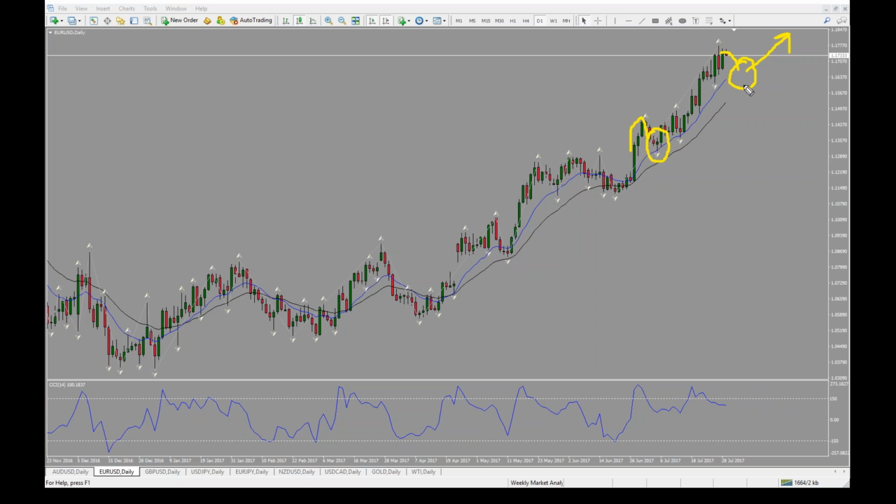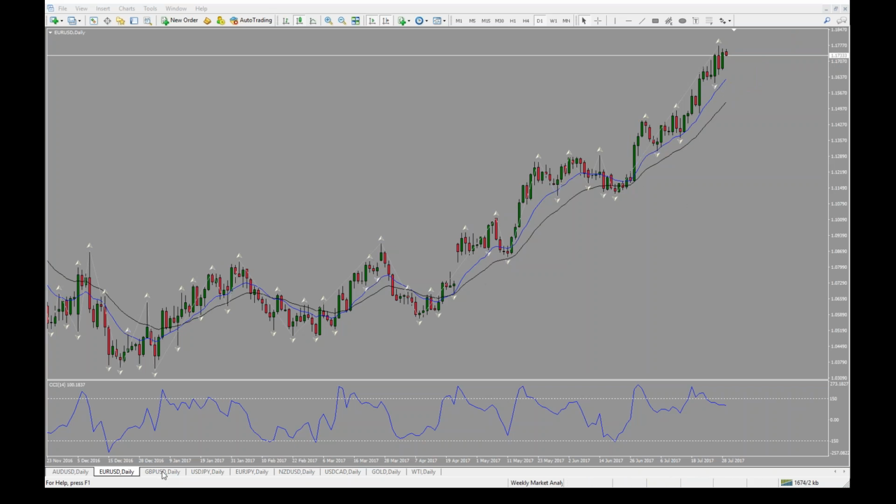At the moment, I'm not interested in selling at all. Unless I was inside a channel or some very heavy resistance levels, but that's not the case at all. I'm in no man's territory, so I'm only interested in one direction, or I stay away from it. All right, so that's the Euro USD.